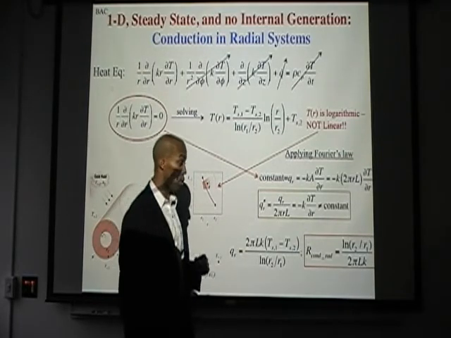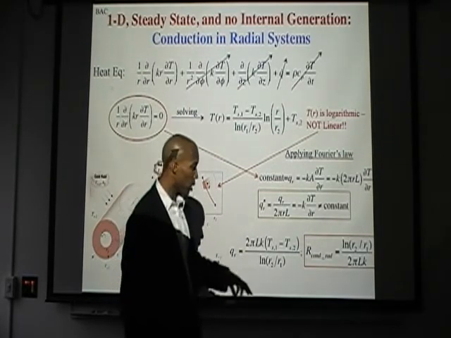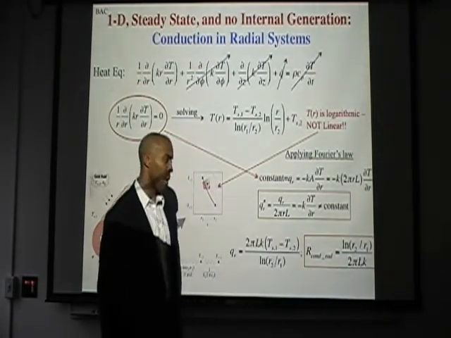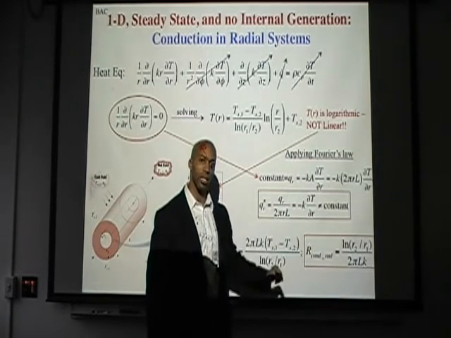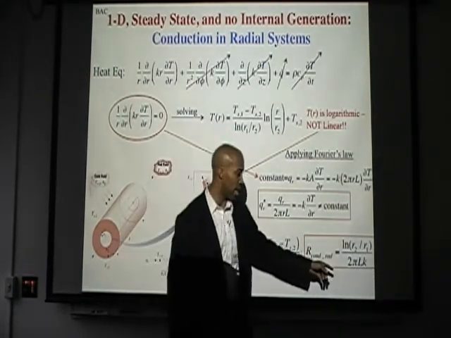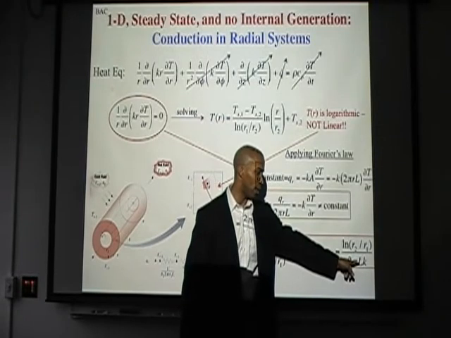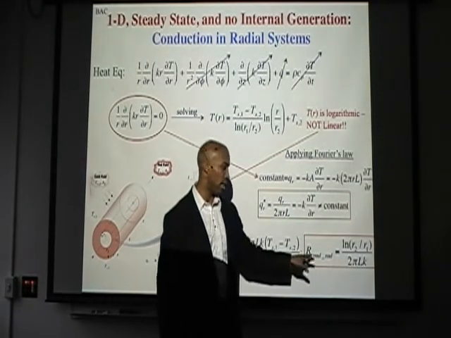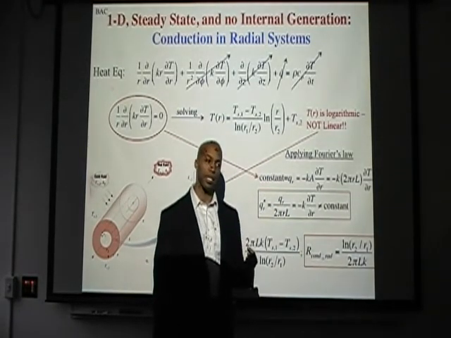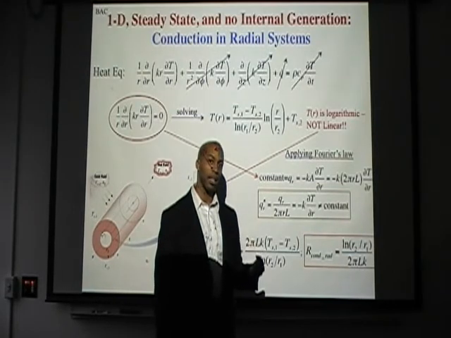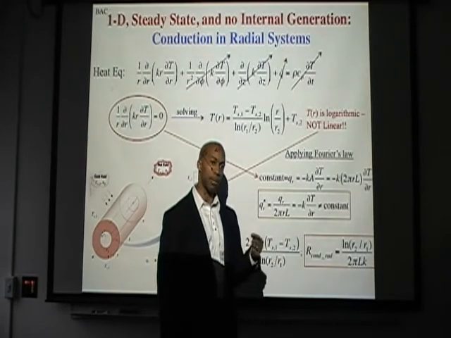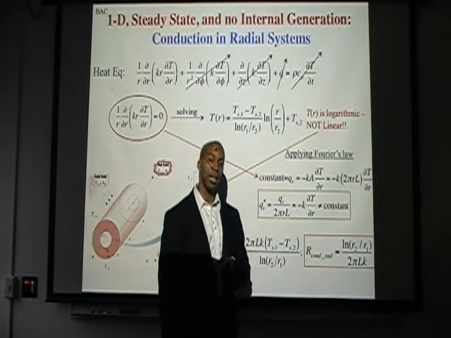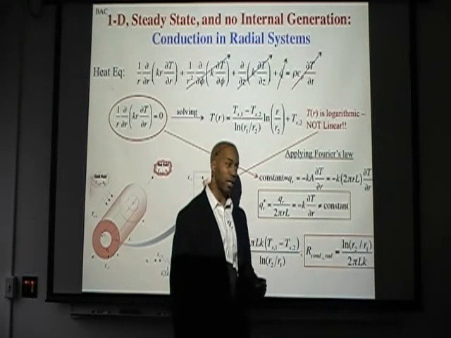An interesting point here is that the units are K over watts. And if we were to take this L and move it over here, then we would have a resistance per unit length, so we would have K times meter over watts being our units.